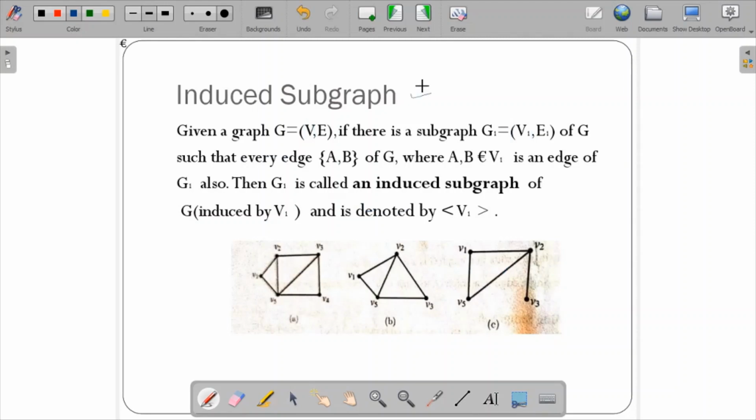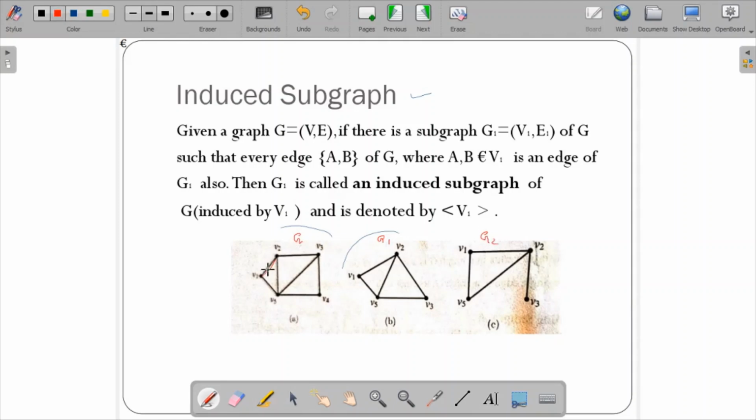So what he is telling in the induced subgraph is, I'll just go to the example. If this is the main graph and this is a subgraph, like what we had seen in the first slide, but if you mention certain vertices, whatever edges are there. For example, here if you see, V1 to V2, this is the major graph G, and this is G1, and this is G2, let it be graph 2.